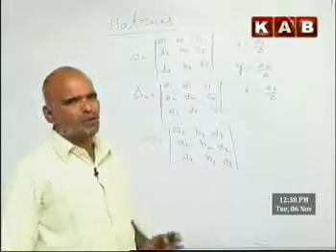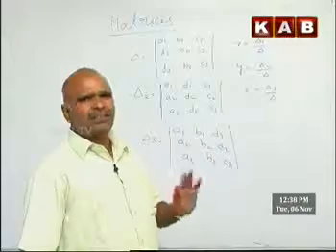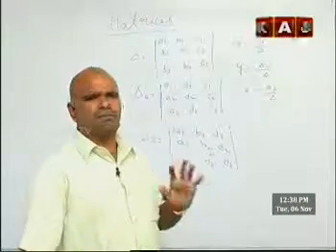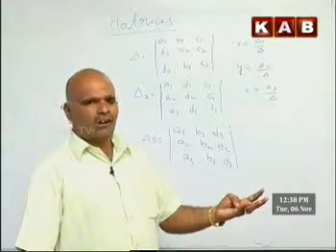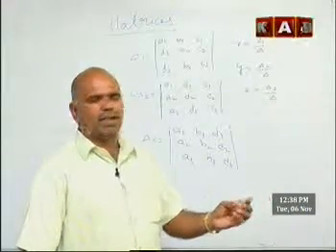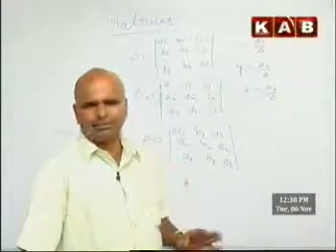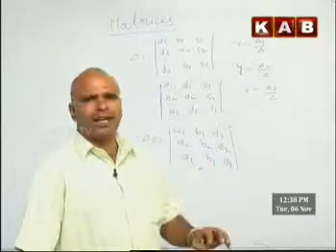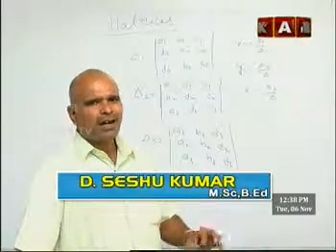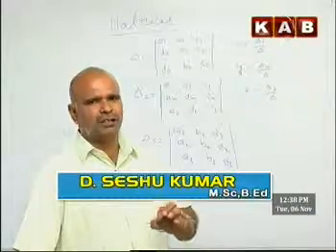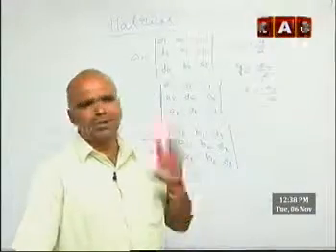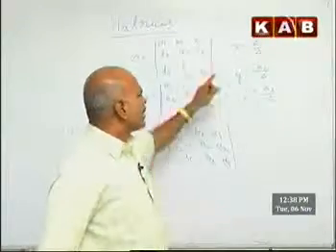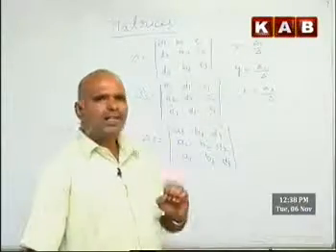So now you people try to understand, in this method the only tough part is finding the values of delta, delta 1, delta 2, delta 3. If you are able to find the determinant values, it's easy to solve. So then you get the x value, y value, z value.